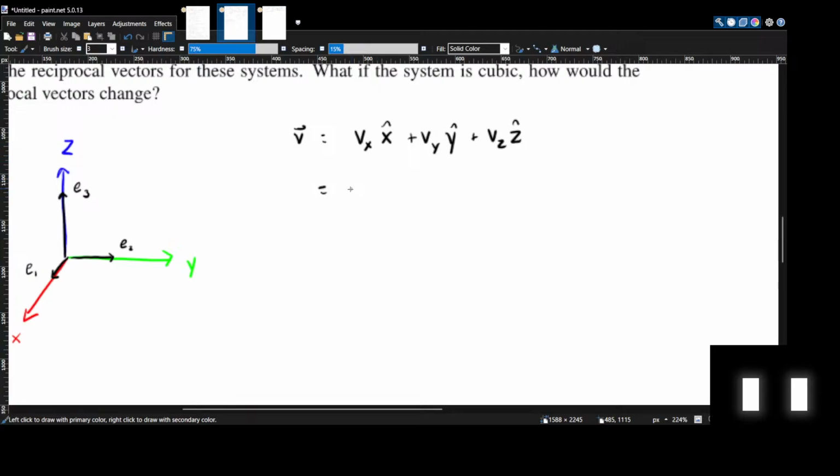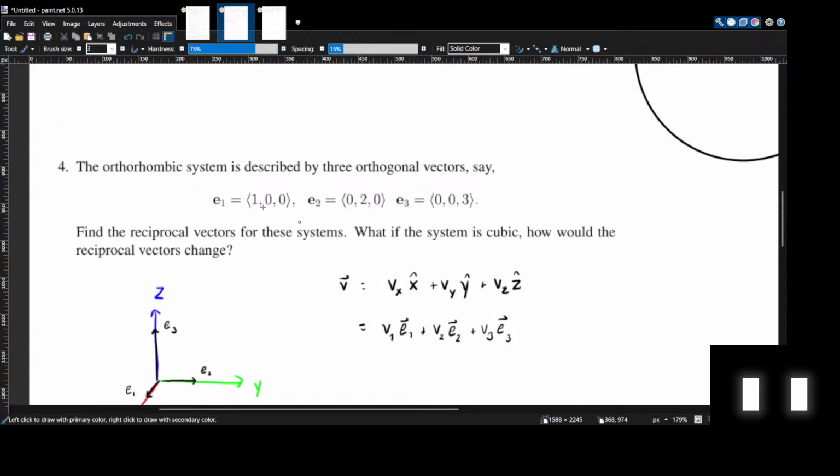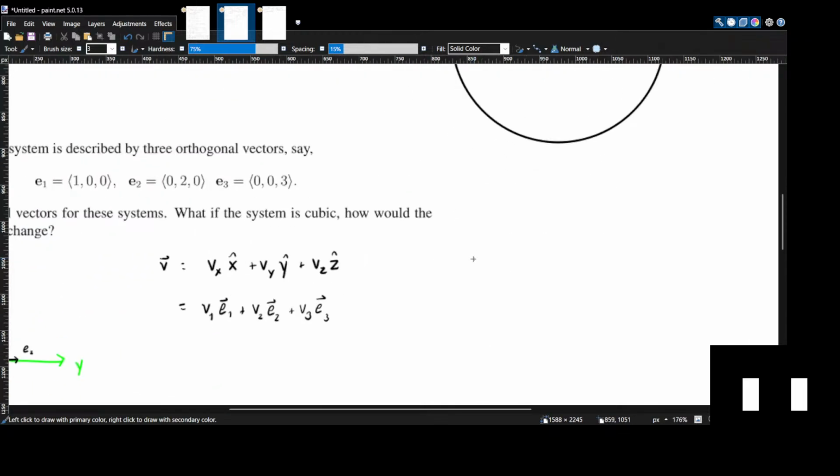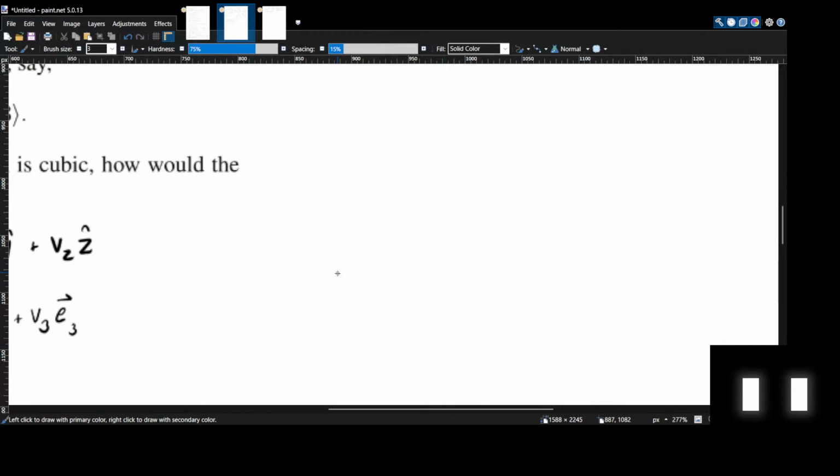So in our case, it will become V1 E1 plus V2 E2 plus V3 E3. So, for example, from this system, let's say we have a vector. Let's say we have a vector system that is like, what should it be?